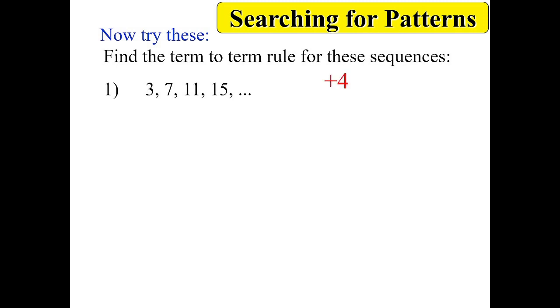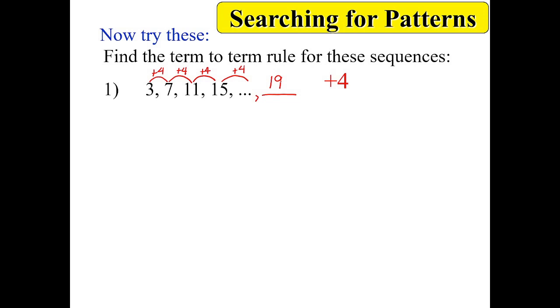That's totally right, plus 4. So if you're gonna check, we have 3 plus 4 is 7. 7 plus 4 is 11. 11 plus 4 is 15. Now, if I'm gonna be looking for the next number, what would that number be? That's totally correct, the number 19.